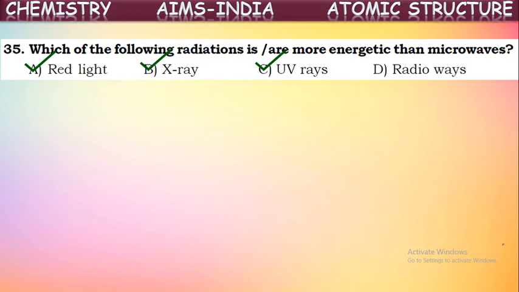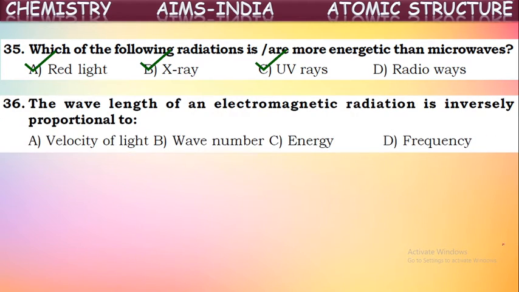Okay. Now next question. The wavelength of an electromagnetic radiation is inversely proportional to. Let us see once the relations between these characteristics of electromagnetic radiation so that we can understand. We know E is equal to h nu, according to Planck's equation.